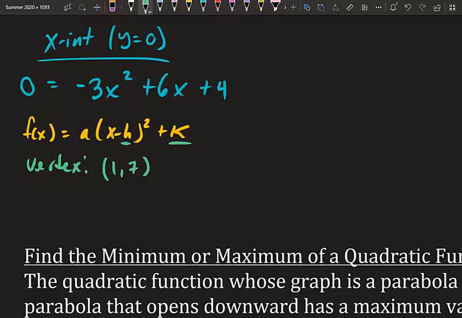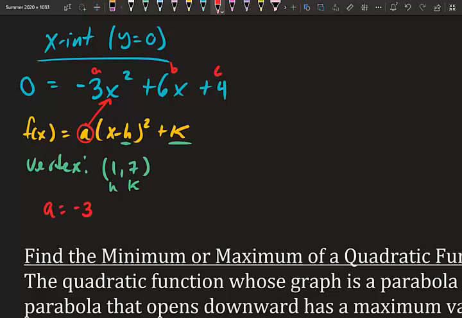So I know I can put those there. Now, a is your growth factor. That's actually what it's called. And it's that number in front of x squared. Because isn't this a, b, and c? A stands for a. Doesn't matter what it looks like, if it's a, it stands for a. So we have h, we have k, and we have a. It's negative 3.